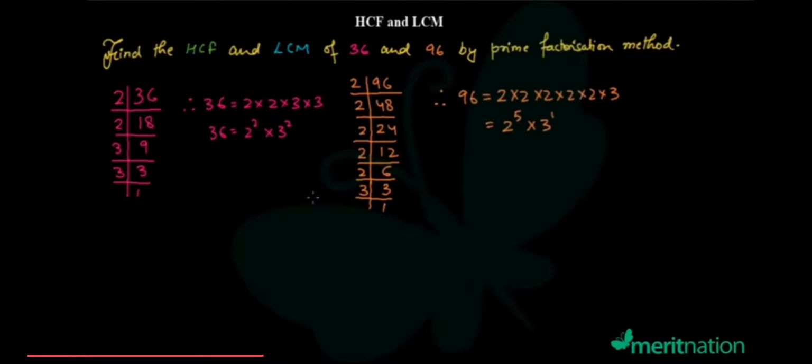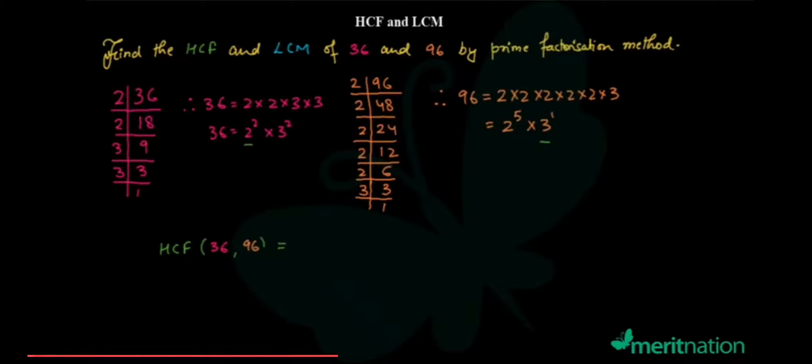Now over here, we need to find the HCF and the LCM. In order to find the HCF of these two values, 36 and 96, what do we need to do? We need to choose the smallest power of each common prime factor. So 2 as well as 3 are common prime factors. We'll choose the smallest power, which in this case is 2 for the first and 1 for the second, and take the product of these two values.